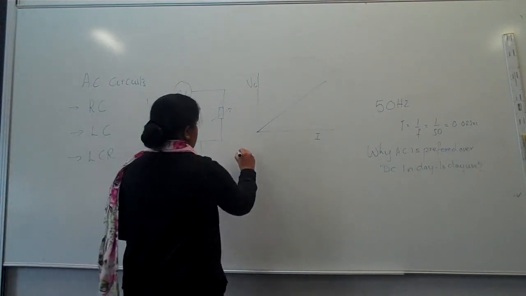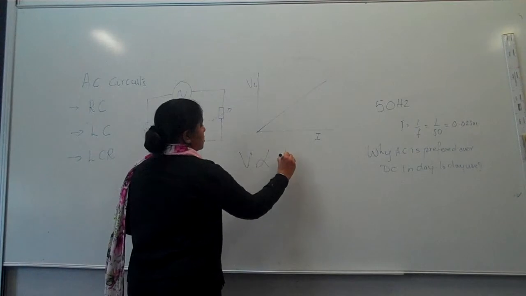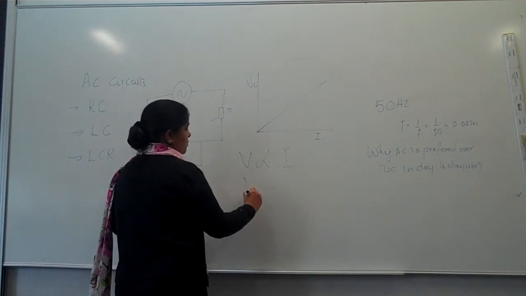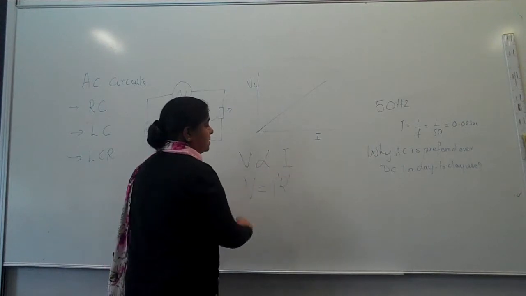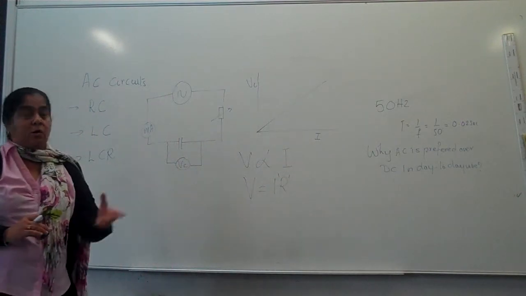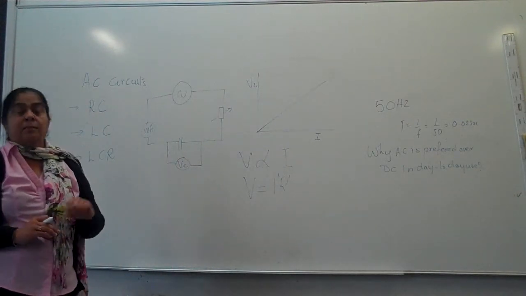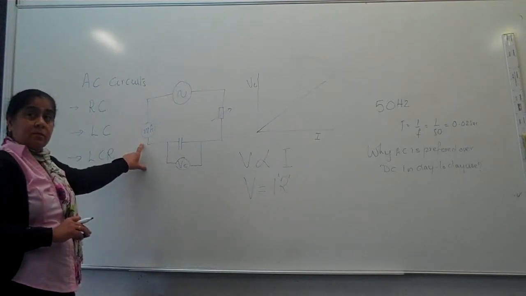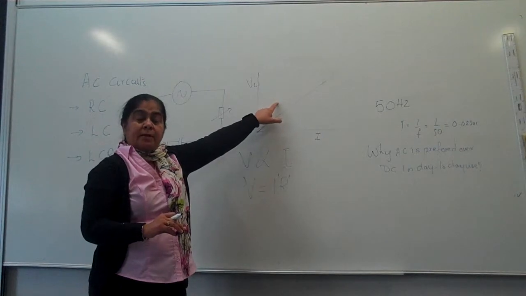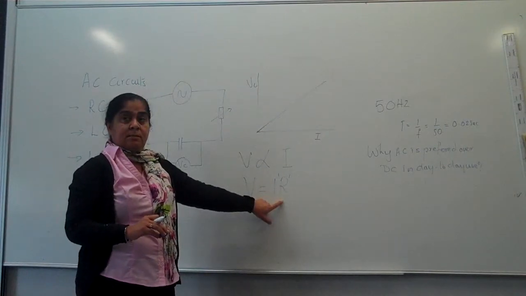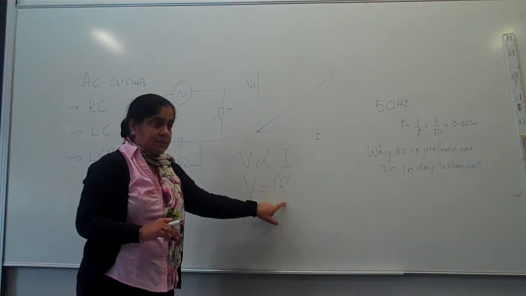That means voltage is directly proportional to current. And as per Ohm's law, we write it as V equals IR, where R becomes the gradient of the line. But in this situation, we do not prefer to call the gradient resistance. We call it something else.